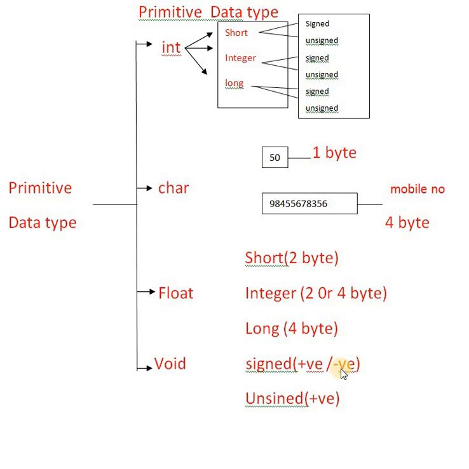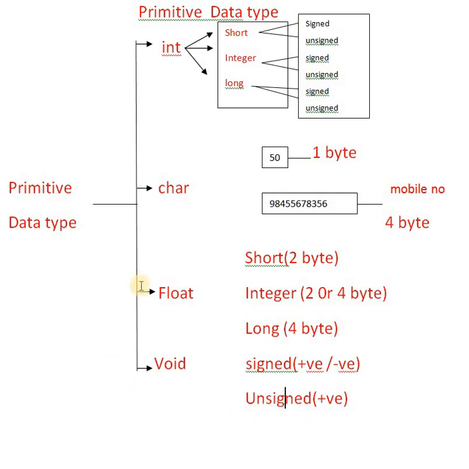When we use negative values, we use the signed integer data type; we accept positive and negative values both. For unsigned integer, we use positive values only, negative values are not accepted. This is the difference between signed and unsigned values.